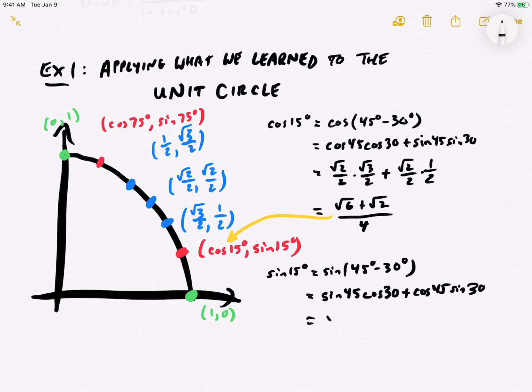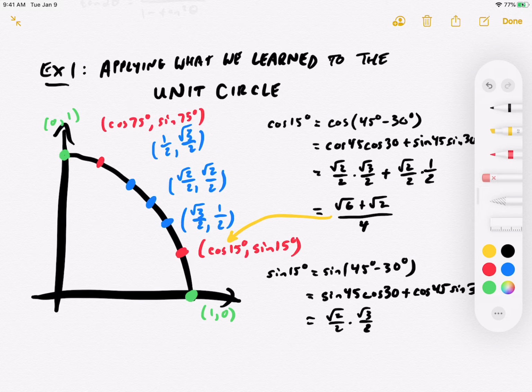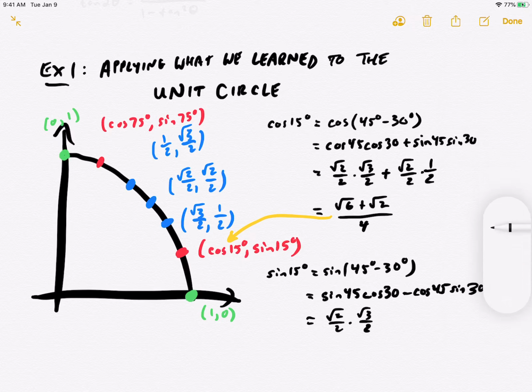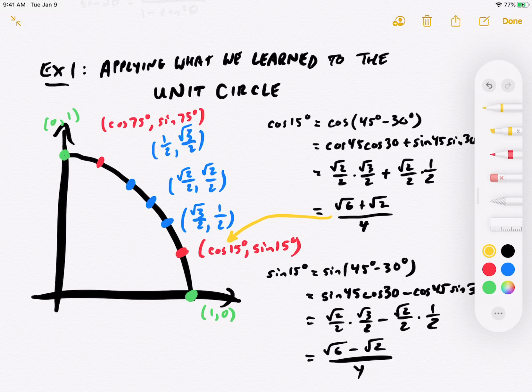And that, of course, would be equal to root 2 over 2 times root 3 over 2, minus root 2 over 2 times 1/2. You can see I often make the mistake here of mixing up that sine's difference has a minus sign and cosine's difference has a plus sign. And that would simplify to root 6 minus root 2 over 4. That's the y coordinate right here.